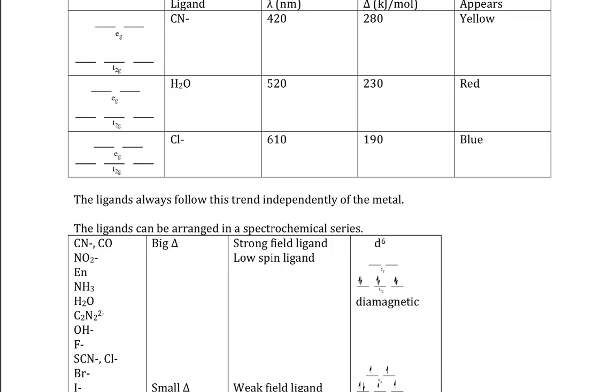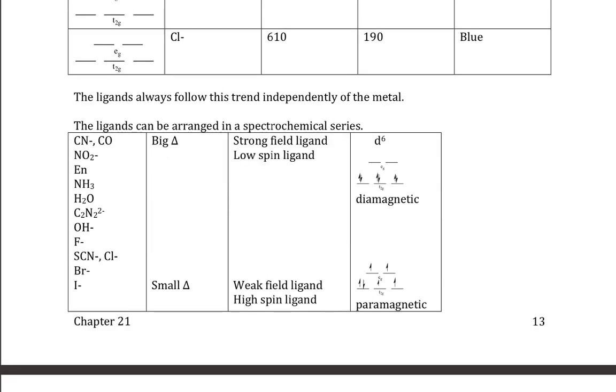That is, CN minus, when that's there, or CO, the delta tends to be very large. When we have the halide ions, Cl minus, F minus, Br minus, I minus, we have a small delta. And that works very commonly for these complexes.